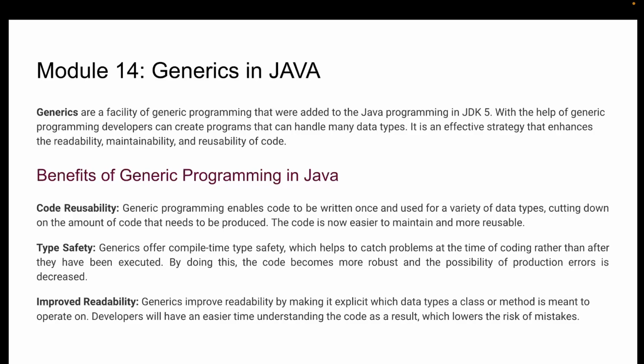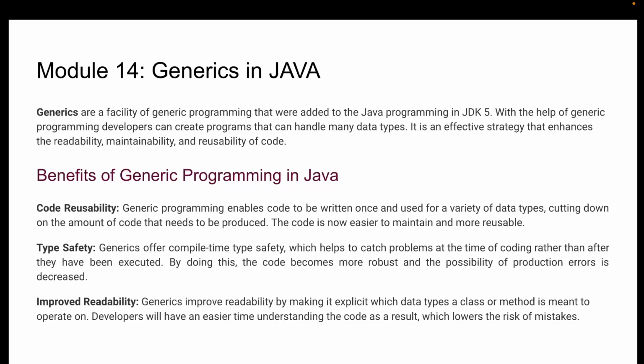When I showed you programs in method overloading, we were trying to add two integers, and then the overloaded method was used to perform operations on double values. So we had to create separate methods in such a case. But what we want is to reuse the same code, the same method, to handle different data types.